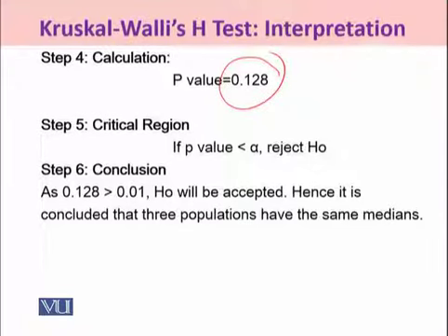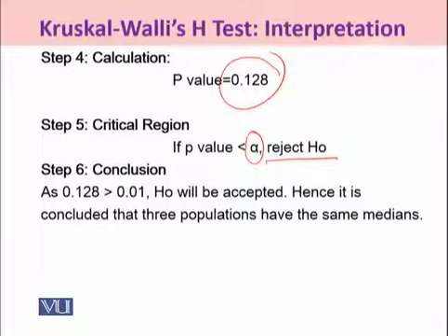Under the critical region, we need to compare this calculated p-value with alpha. We have decided that if the p-value is less than alpha, we will reject our H0. That means we do not have sufficient evidence to accept H0.